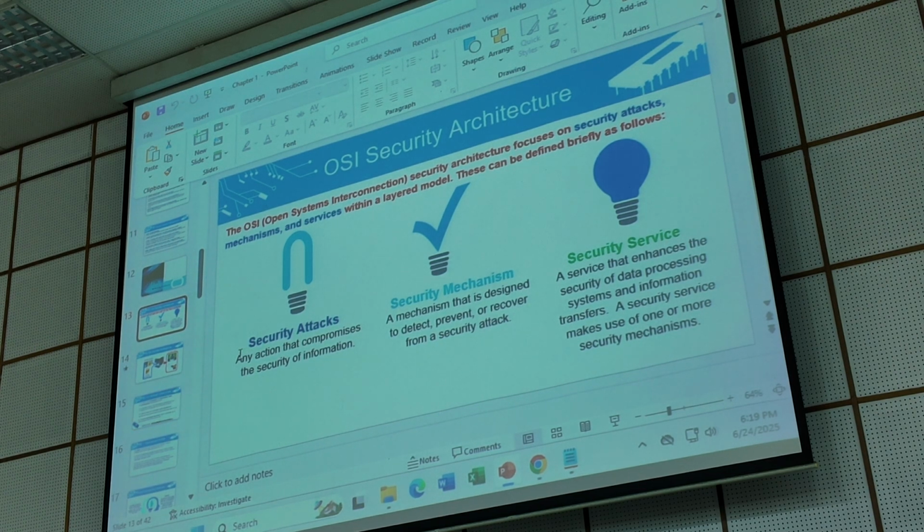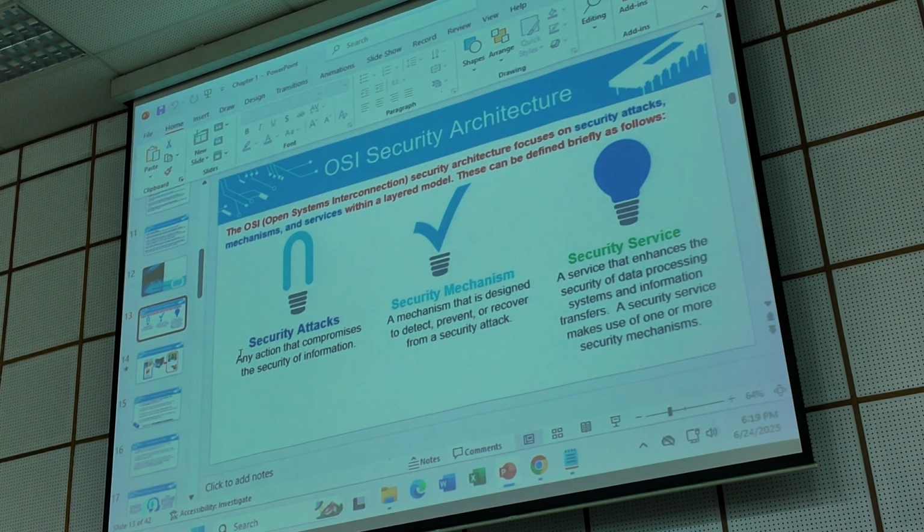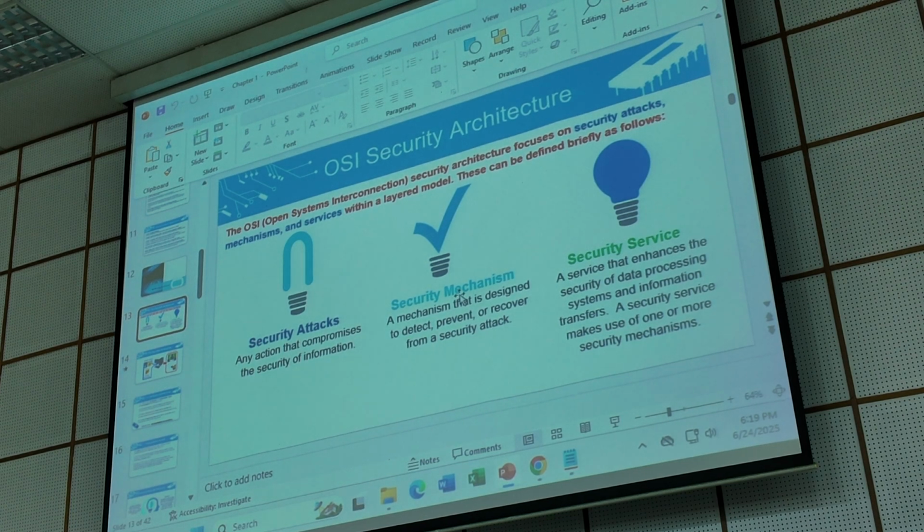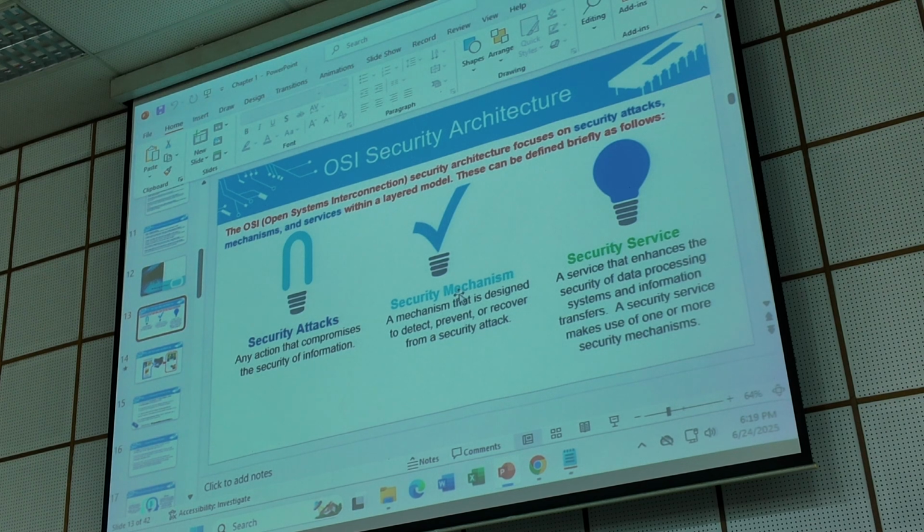You know attack, right? What is a security attack? It's something that will harm you. Okay? It's an attack. What is a security mechanism? A mechanism is designed to prevent or recover from the attacks.